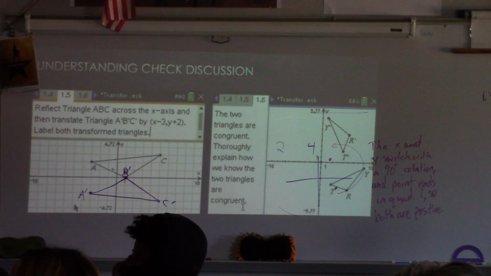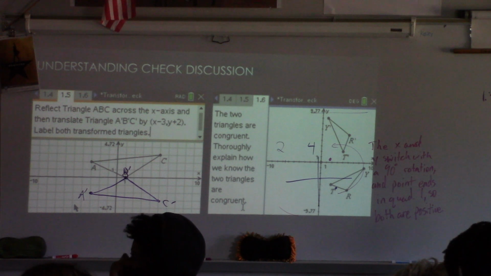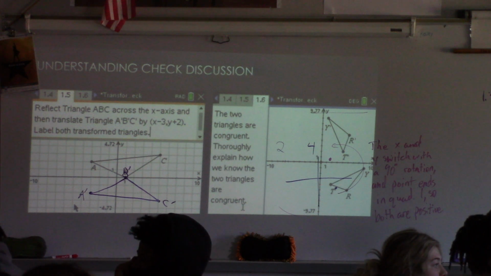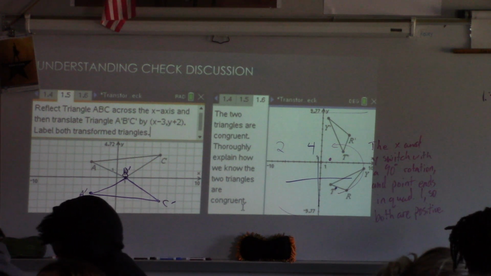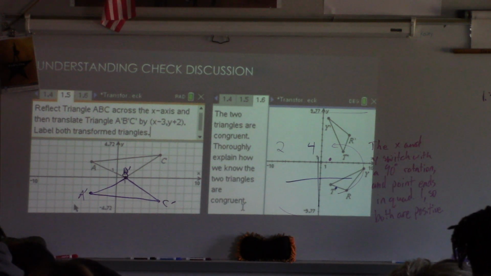You never told me how you got these. I needed you to tell me, hey, I got the opposite of the y values. Literally, I circled it and said, how'd you get these? What do you think I meant by that?